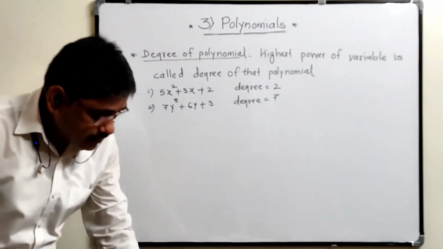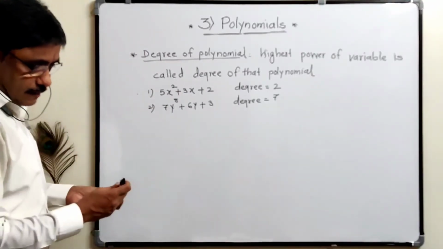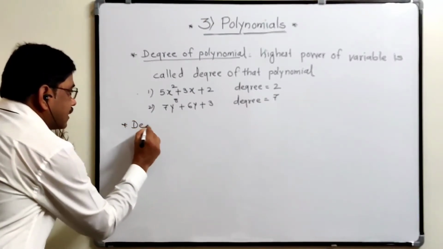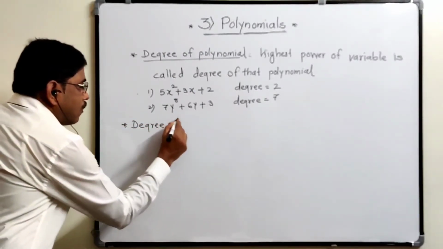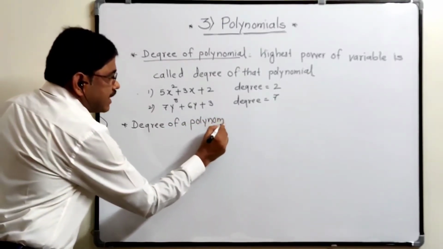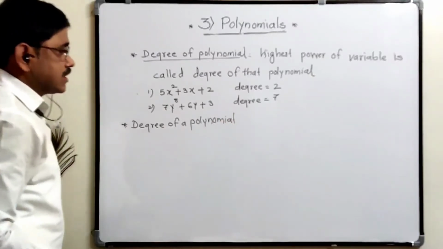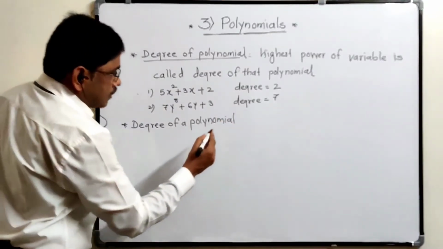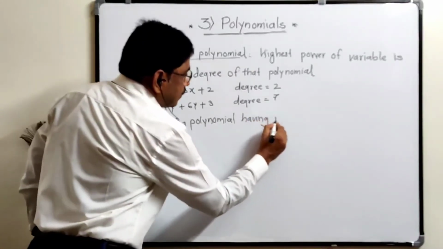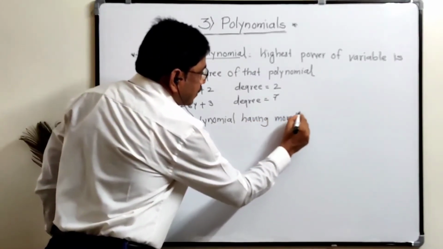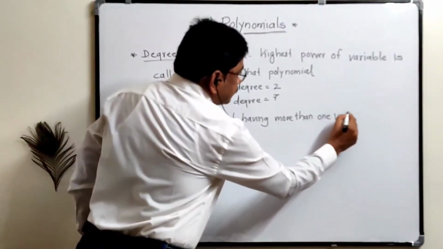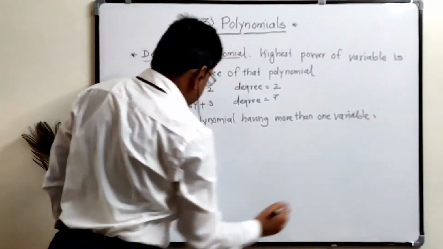Now, if two variables are there, meaning more than one variable. Degree of a polynomial, second point: how to write the degree of a polynomial. This may be asked for question number 1, for 1 mark. Polynomial having two or more than one variable. So some examples are there here.